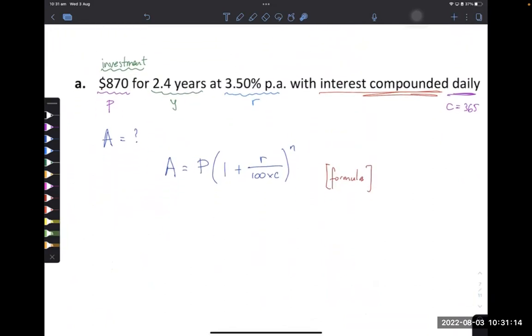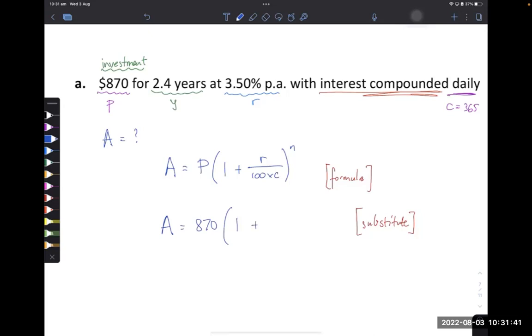What's our next step? Substitute. Okay, we're going to substitute now. So instead of P, we're going to write 870. The 1 here stays the same.